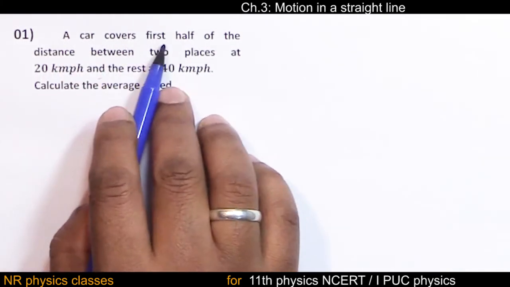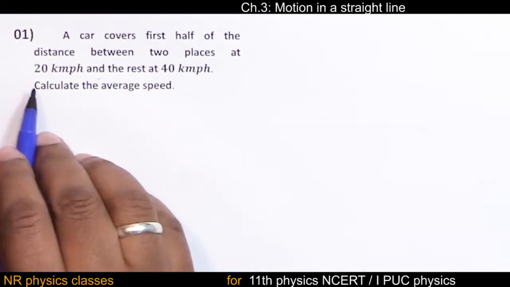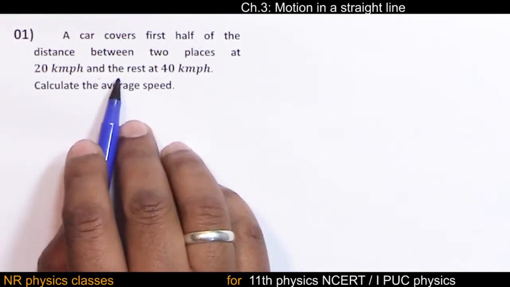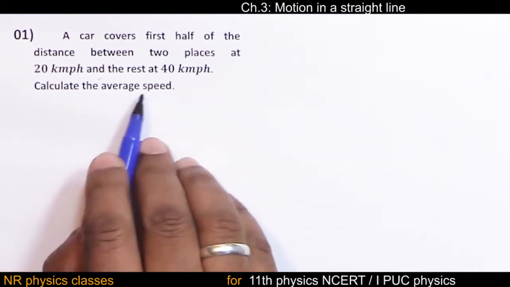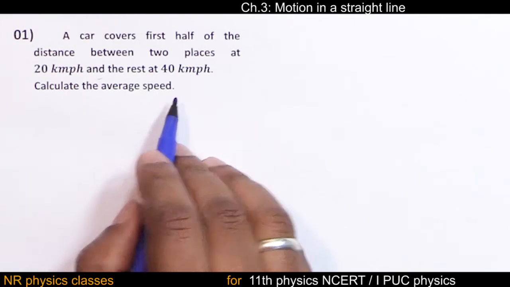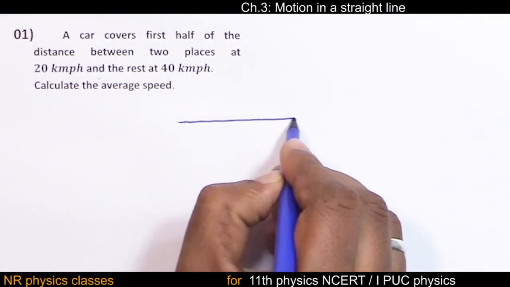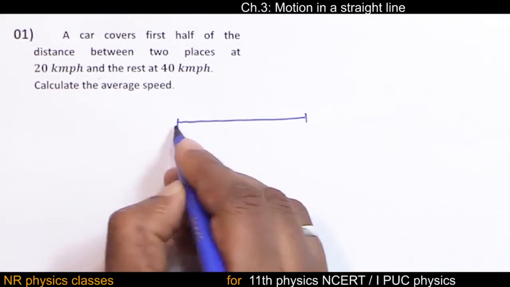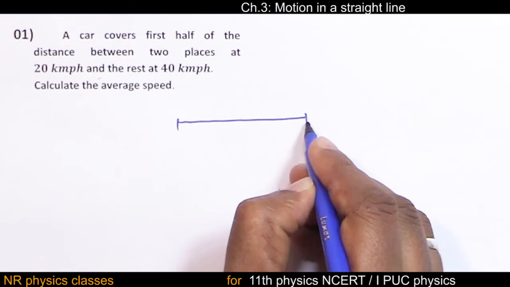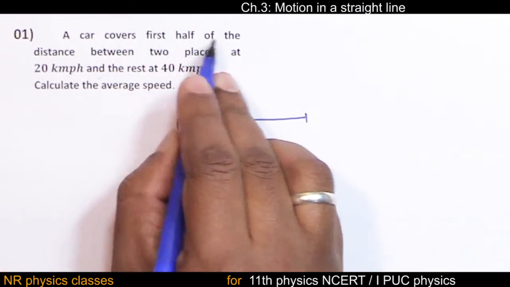A car covers the first half of the distance between 2 places at 20 km per hour and the rest at 40 km per hour. Calculate the average speed. Try to draw simple diagrams. If this is the initial position and this is the final position, the destination, the car covers half of the distance.